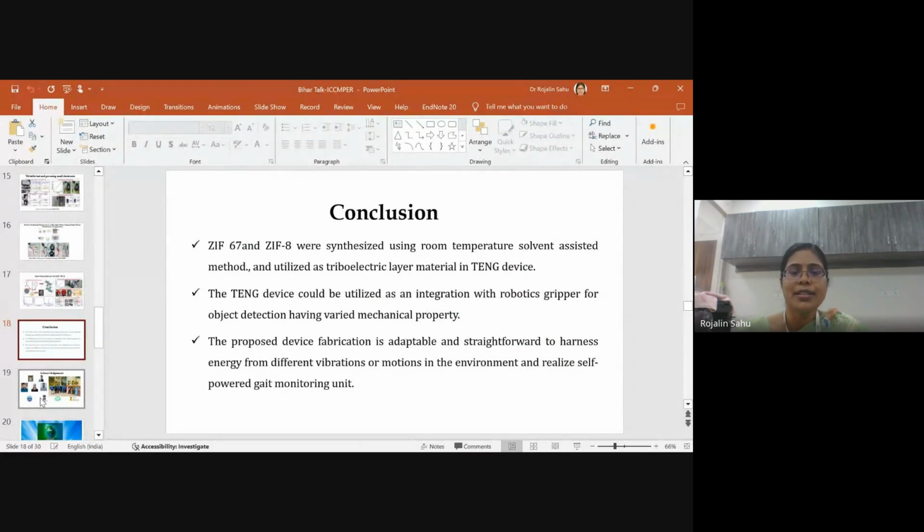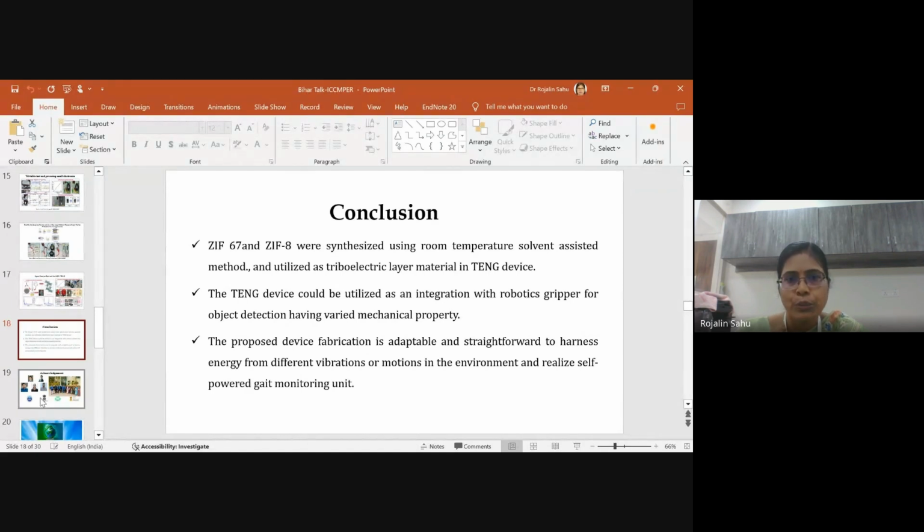We have synthesized three different MOFs: one molybdenum-based MOF, one cobalt-based MOF, and one zinc-based MOF. These are synthesized using a room temperature solvent-assisted method. Though there are many different methods to synthesize metal organic frameworks, we have chosen the room temperature method.